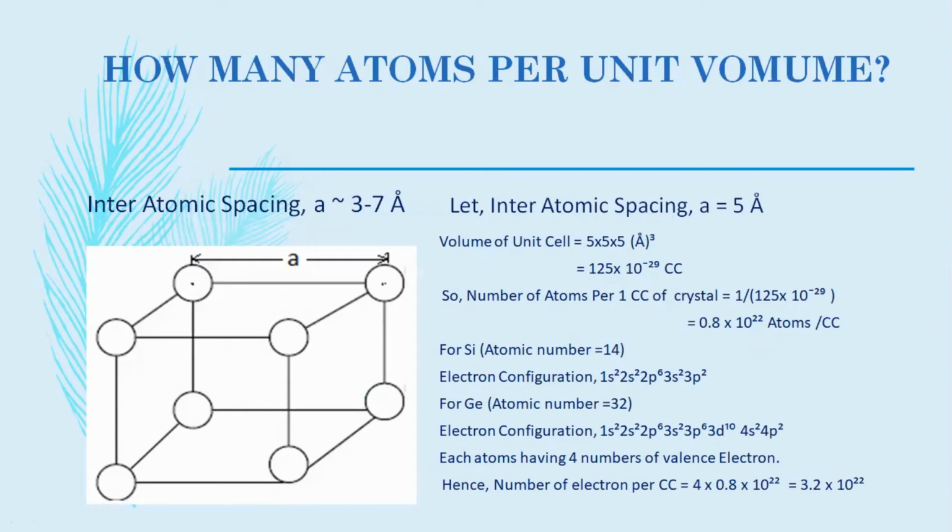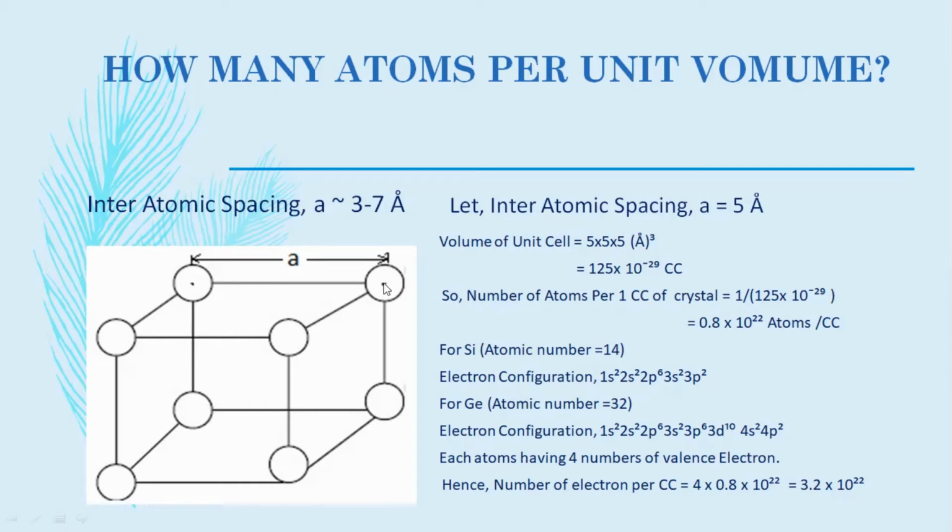We have 3 types of crystal: simple cubic, then BCC and FCC. Now, if we consider a simple cubic crystal semiconductor, this A is the atom to atom distance.